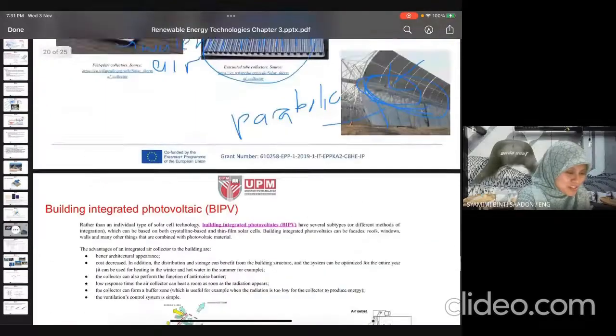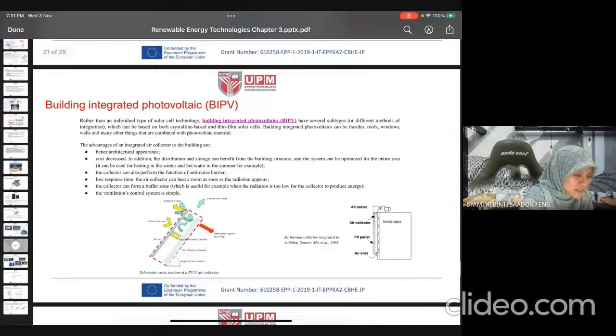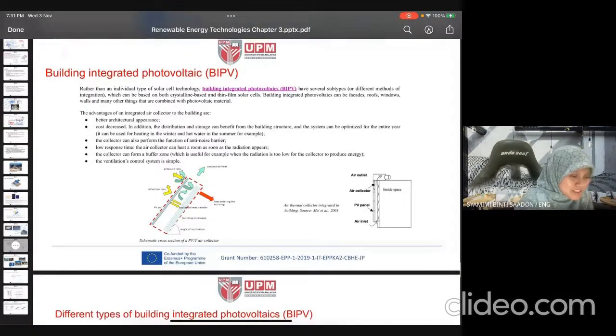So just now, before we took a break, we saw the different types of solar thermal collector. Now, about building integrated photovoltaic.